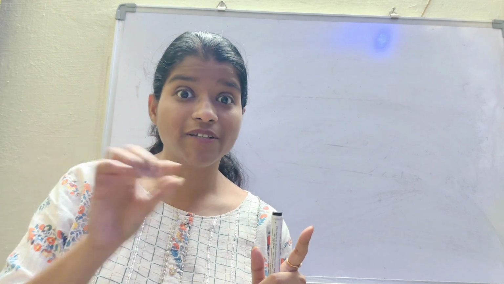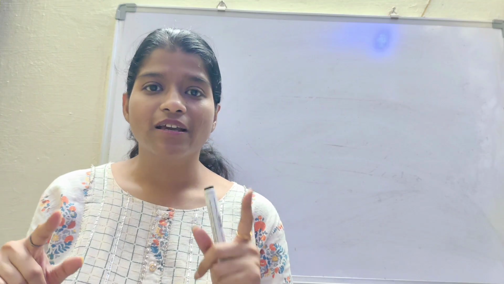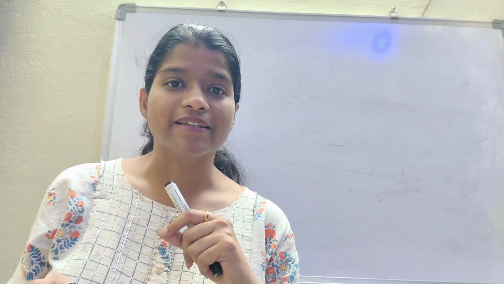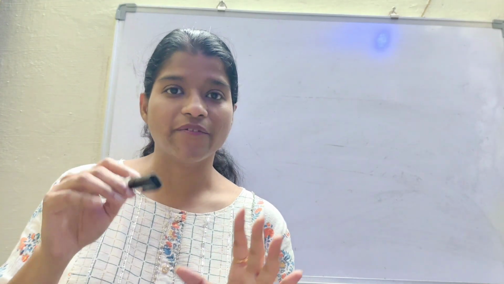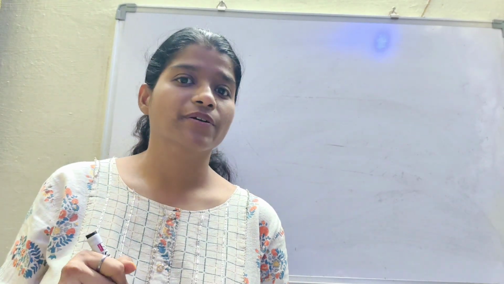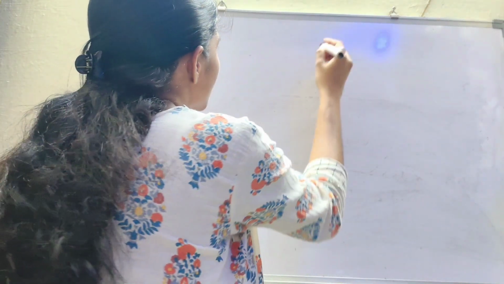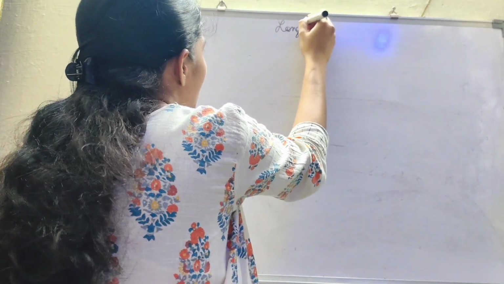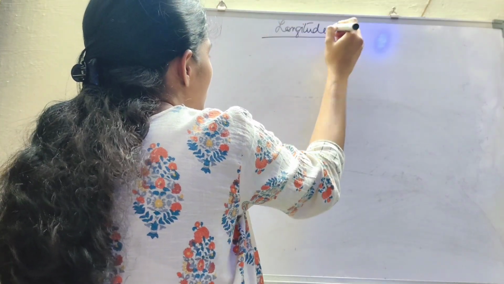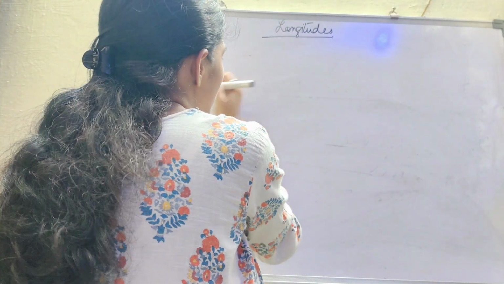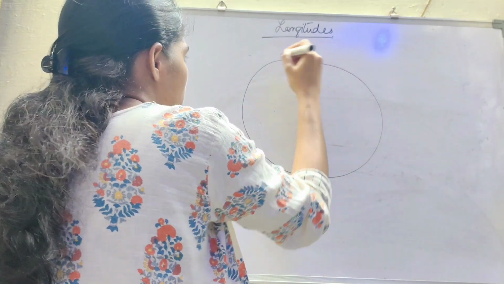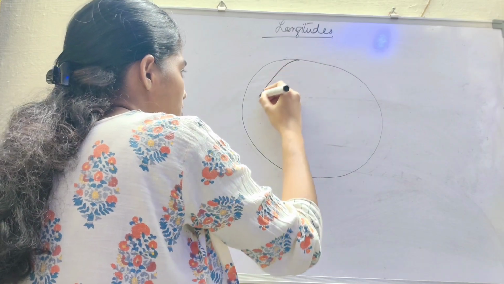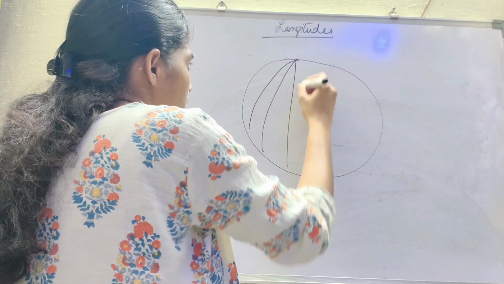Just like in latitudes there was a baseline, the equator, similarly in longitudes there is a baseline, and that baseline is 0 degrees. Remember, there is one 0 degree baseline whenever we are talking about longitudes also. See, longitudes are the vertical lines.